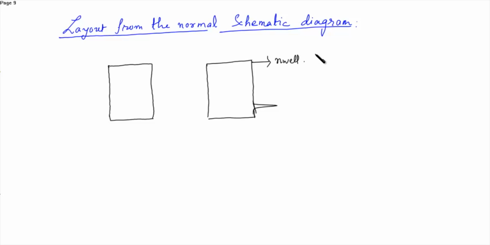Next we have the P diffusion layer, which is brown in color.